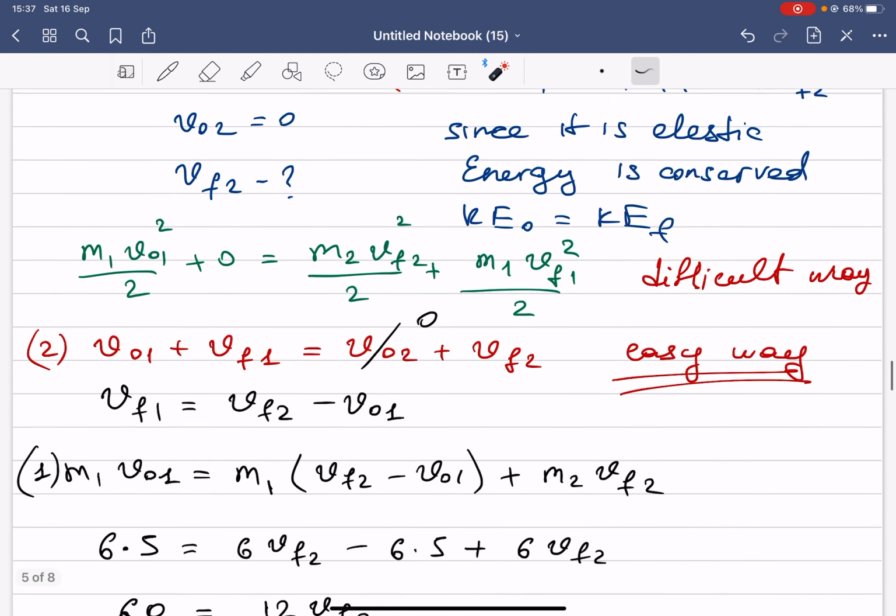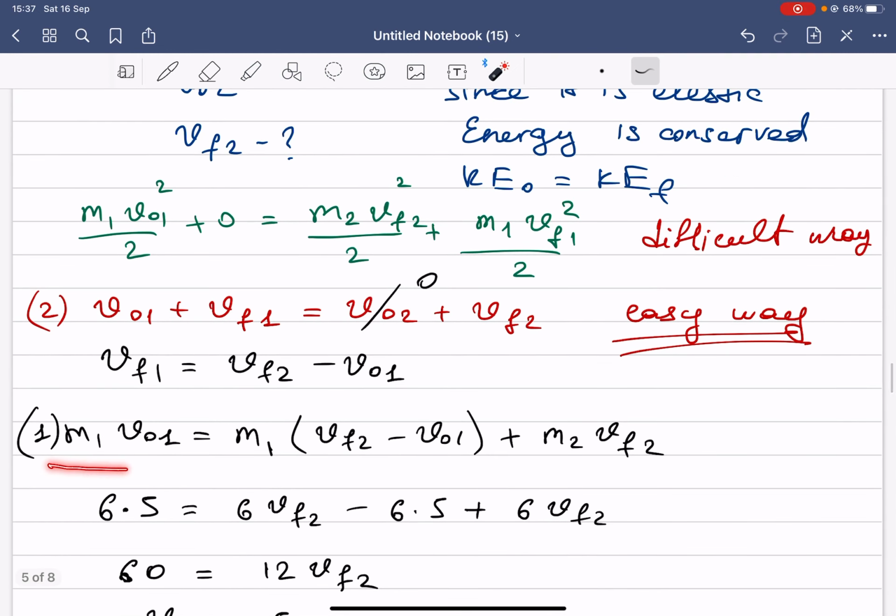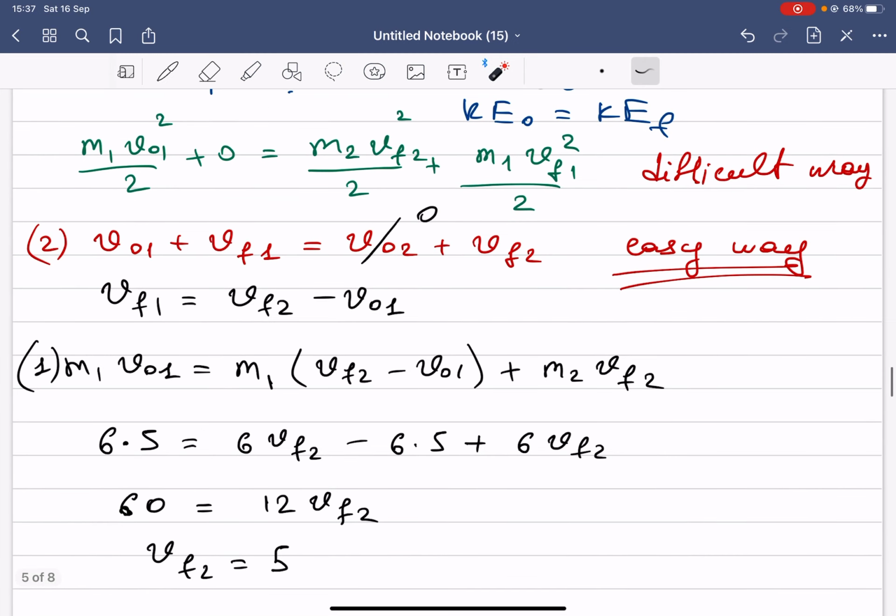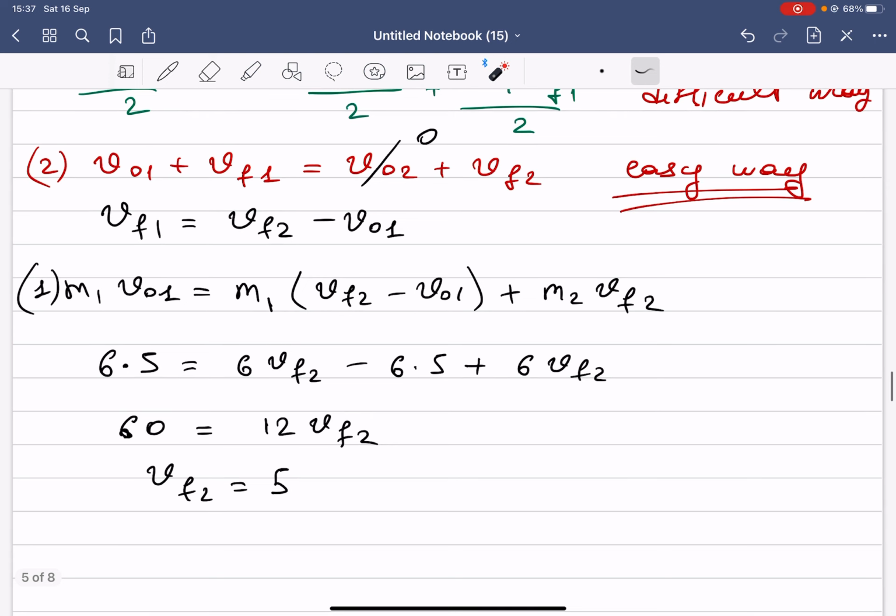Okay, you plug it in, so it becomes in this form, and you plug in all the given numbers, mass 1, V initial 1. So finally, if you calculate it, you will find that V final 2 is equal to 5 meters per second.